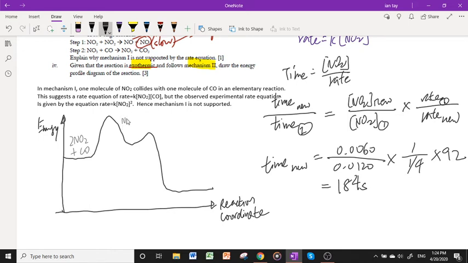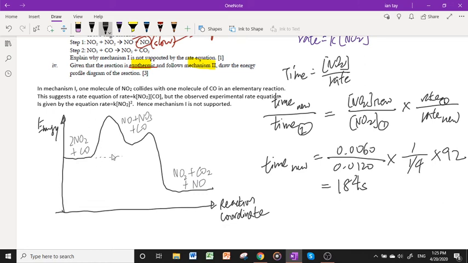So 2NO2 forms NO plus NO3, plus CO, NO3 plus CO form NO2 plus CO2 plus NO. Okay, so we are done, but we need to do some labeling.